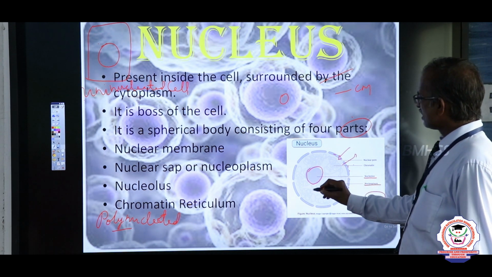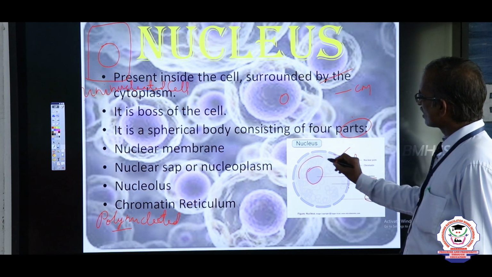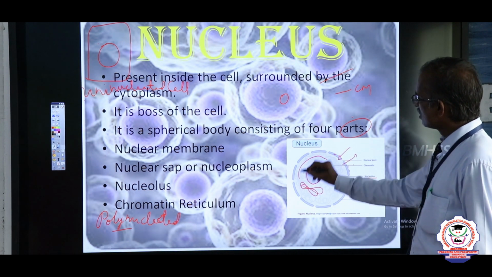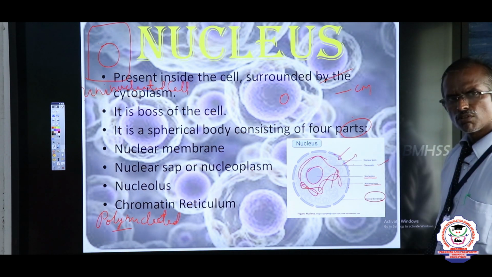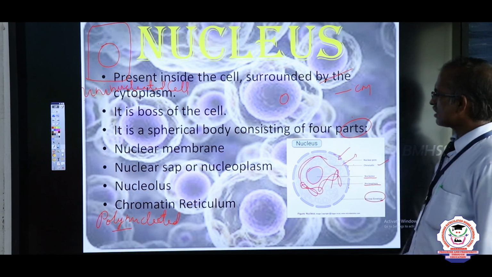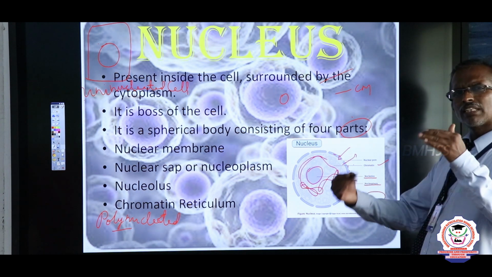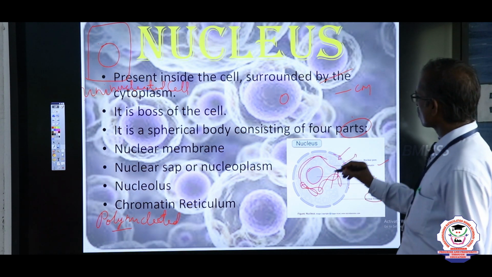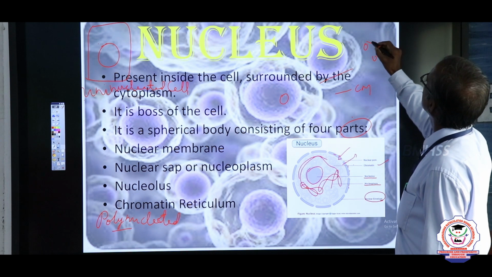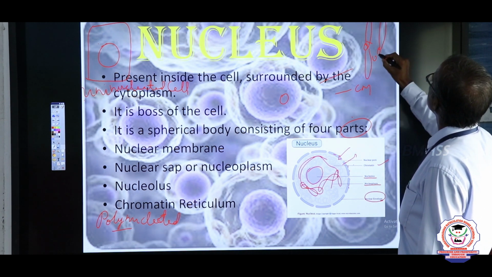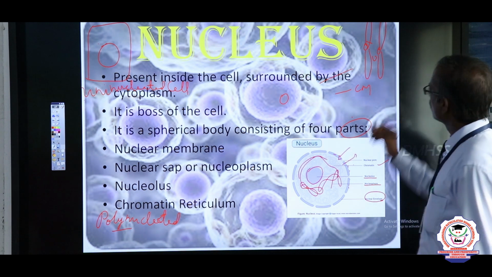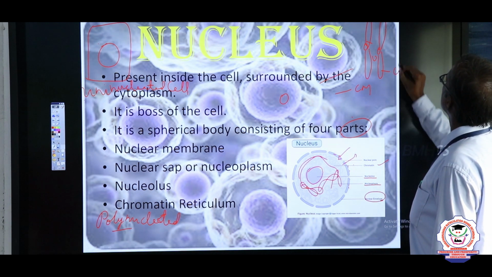The next is many coiled structures. These coiled structures are called chromatin reticulum. During cell division, the chromatin reticulum becomes long and short, thread-like structures. We call them chromosomes.